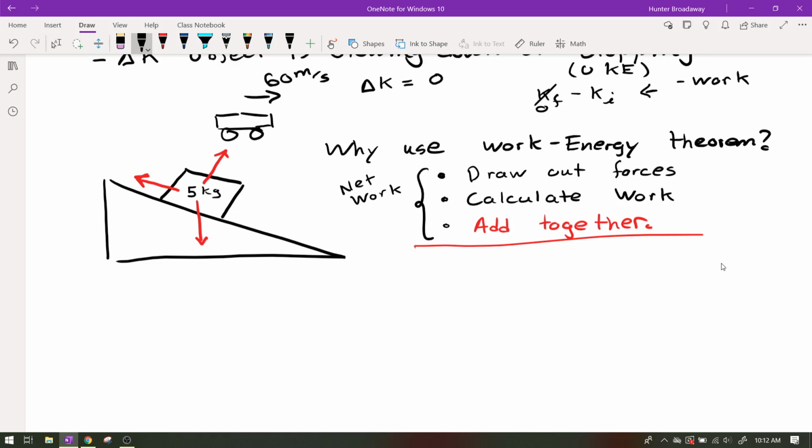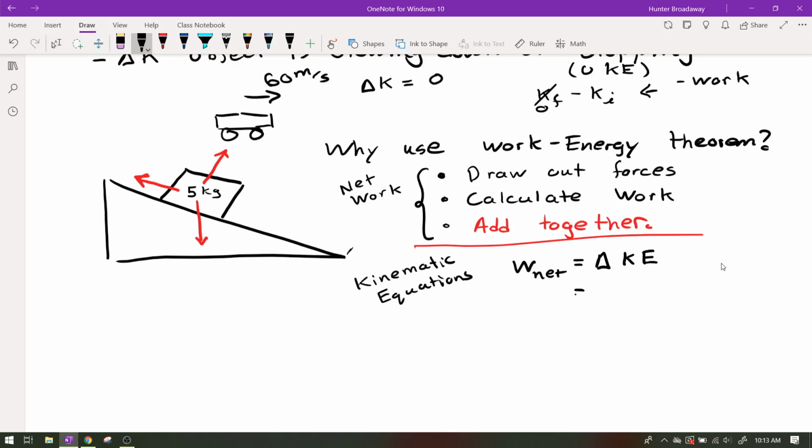So if you want to use the work energy theorem, we would work through the kinematic equations, which we already know how to do. So what we can say is, all right, if I can find the velocity of this object down at the bottom, then I can use that velocity to find the work being done, because I know that the net work on the object is equal to the change in kinetic energy.